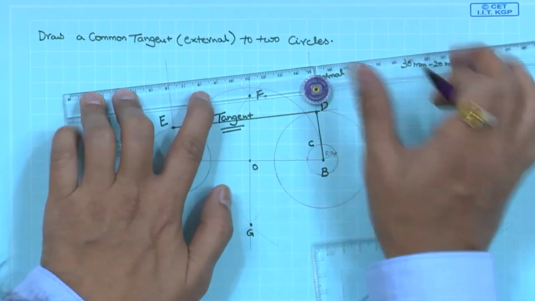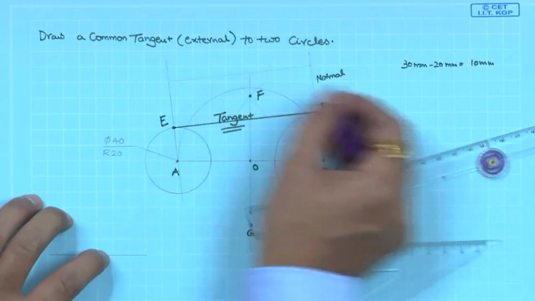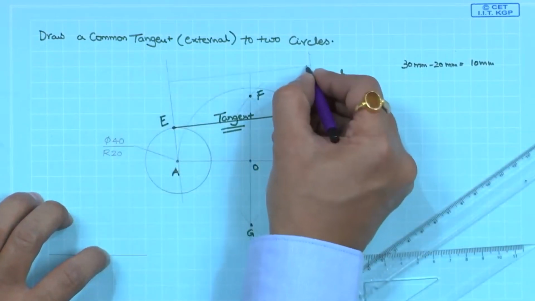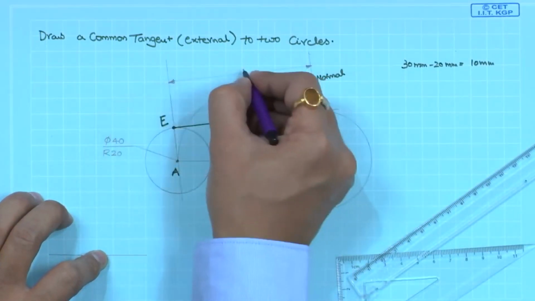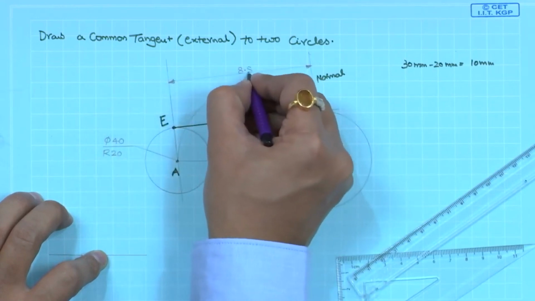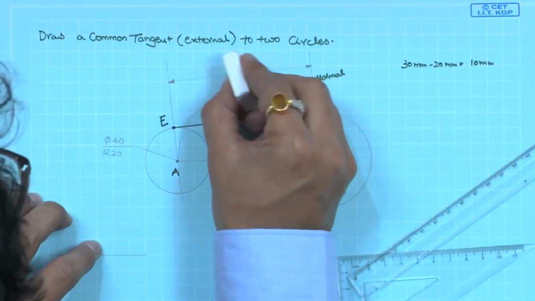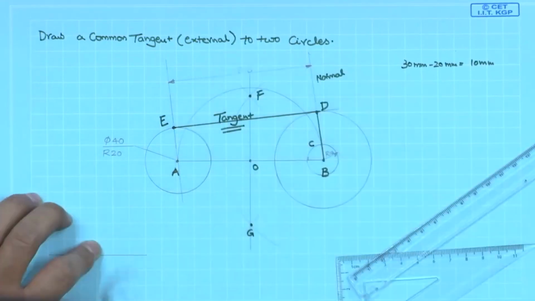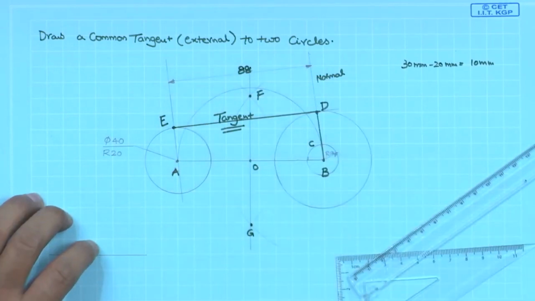Usually a roller scale is good in this direction, and we darken the arrows, and that 88 millimeters we will show.